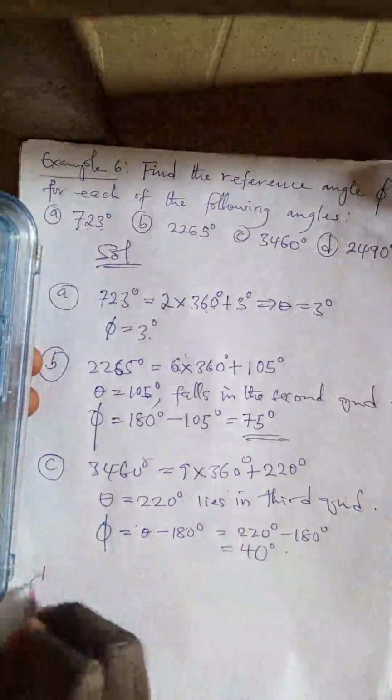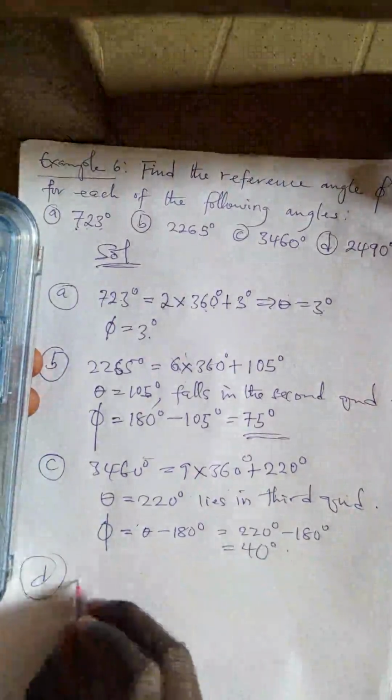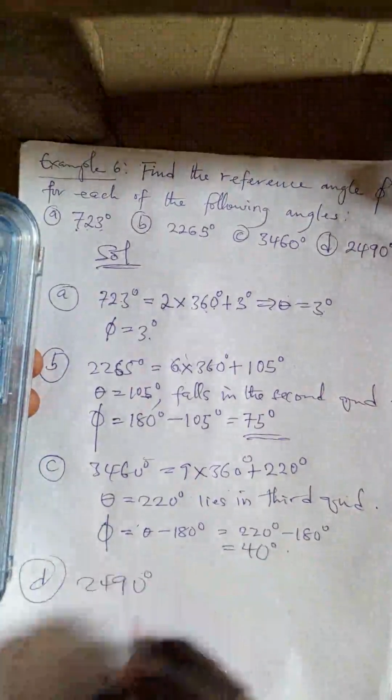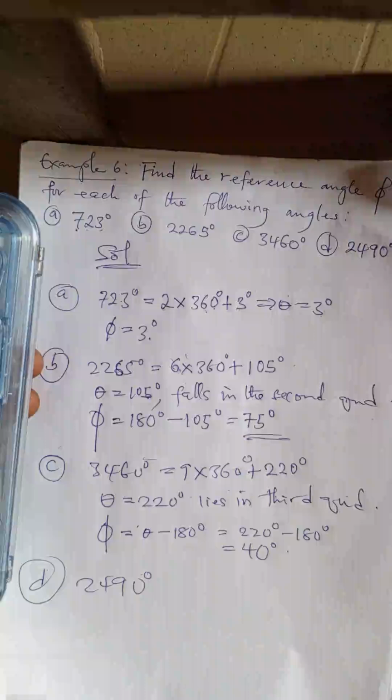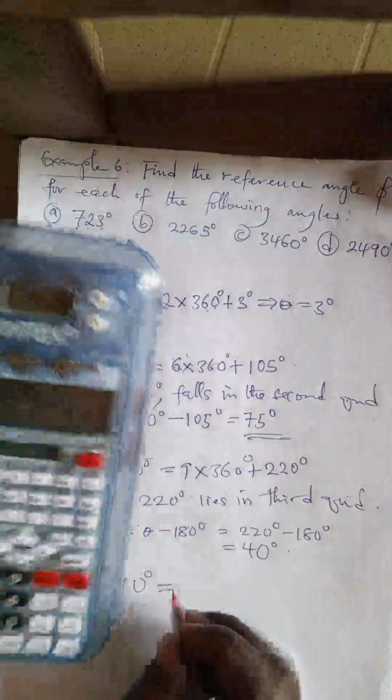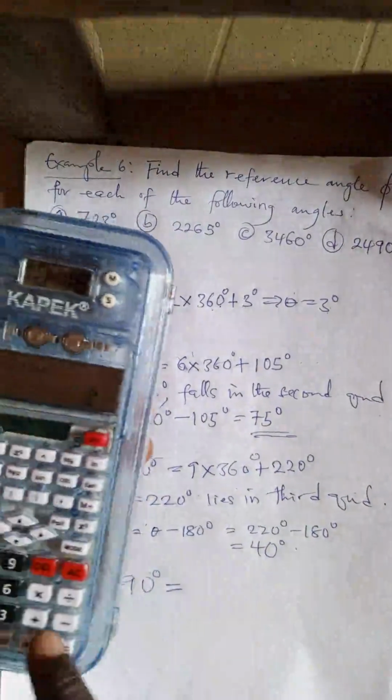So the D part will be left as an easy exercise, 2490 degrees, for the viewer to verify.